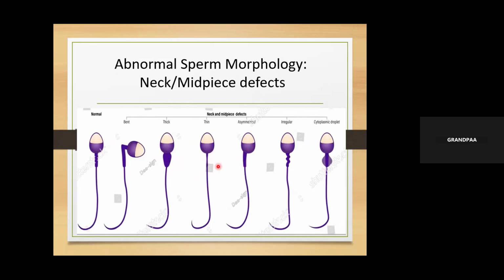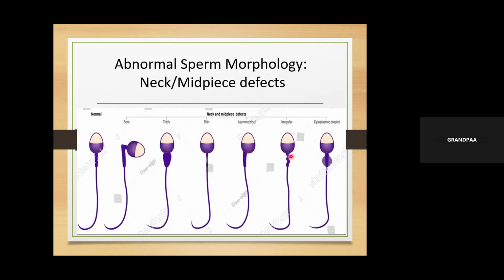Look at the normal one: we expect it to be fixed symmetrically, axially, to hit the base of the neck at a right angle. Here you see that it is not at a right angle, and therefore it is giving some kind of bend. So this one is asymmetrical.